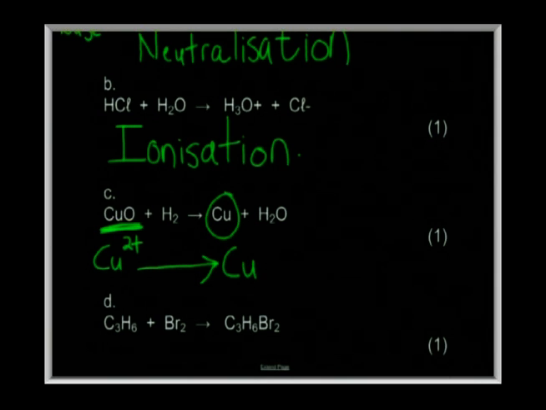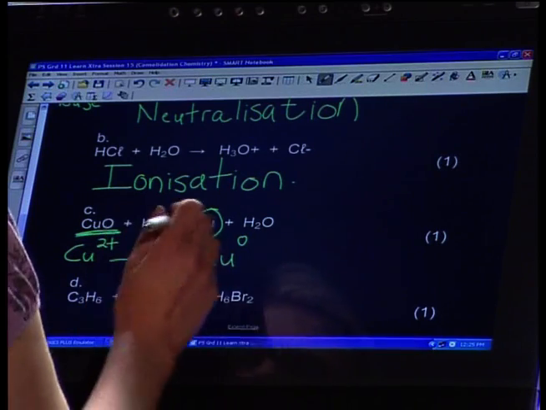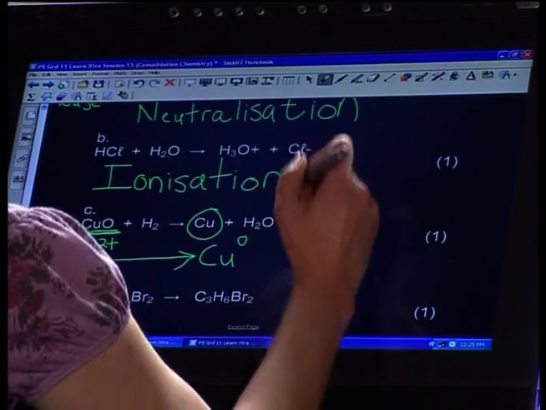It's not bonded to anything, so its oxidation number is 0. What has happened to copper? It has been reduced. So it gained 2 electrons, and it got reduced to copper. Now, if something is reduced, something needs to get oxidized. And in this case, it's hydrogen that gets oxidized.